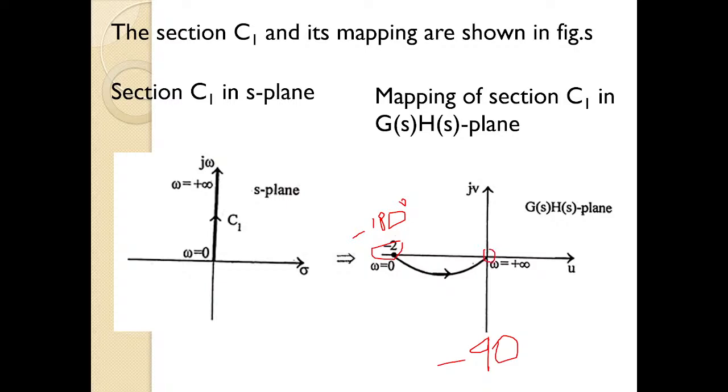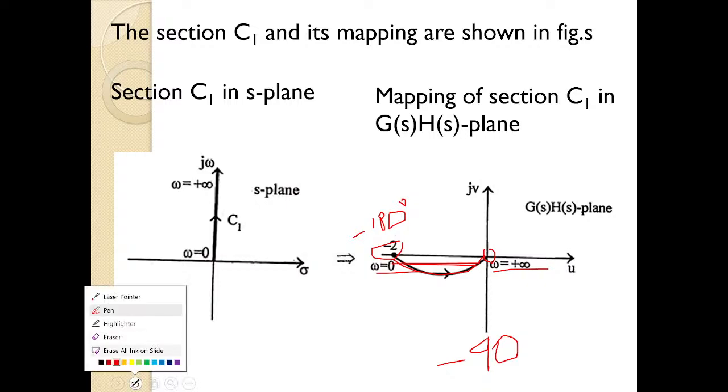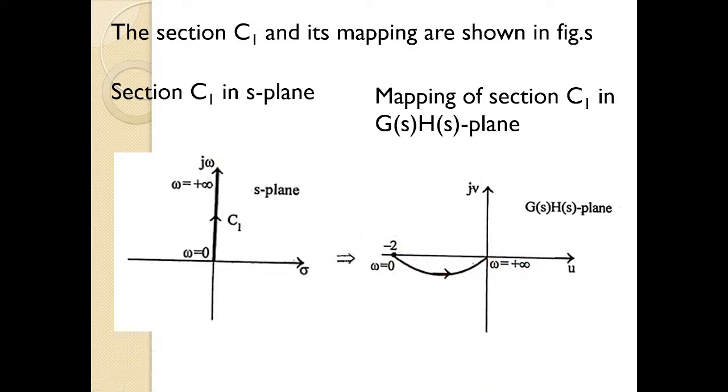So as omega varies from 0 to infinity, you will get this plot. This is our mapping of section C1, from the S plane to the G of S, H of S plane.